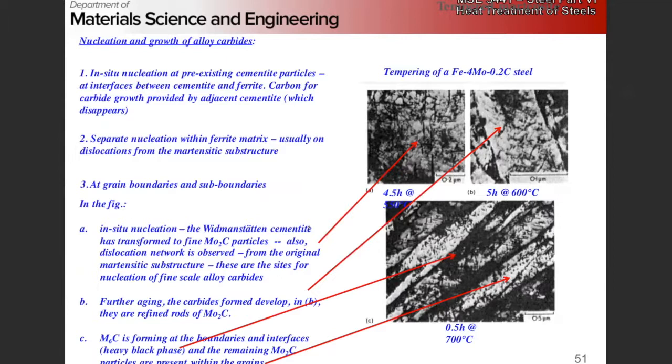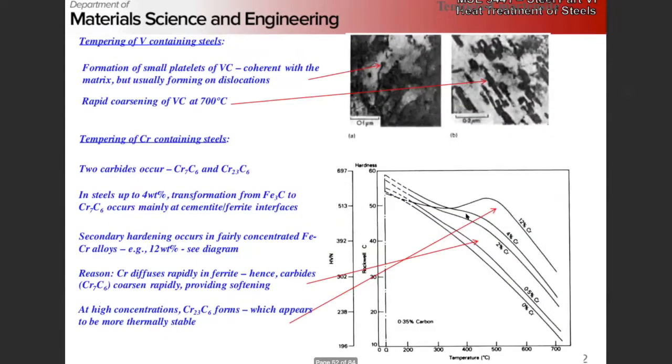And I mentioned Widmanstadt and cementite before, right? And this is just showing some of these features in the micrographs, sort of at tempering, where you have different nucleation conditions at different temperatures. Right.